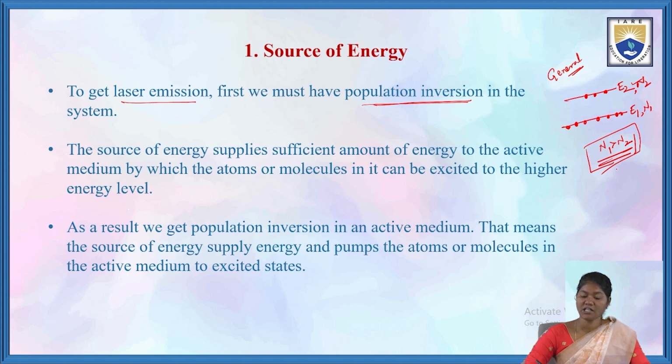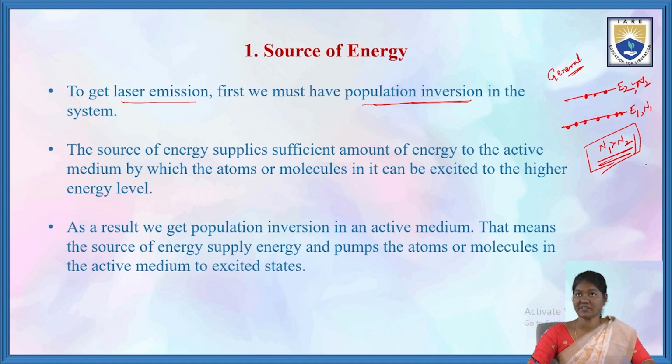In the case of population inversion, N2 is greater than N1. Then we can say that there is population inversion. So we have to change the condition N1 greater than N2 to the condition N2 greater than N1.